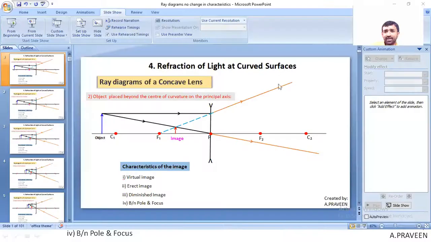No, sir, no change in the characteristics of the image. So for any position, the characteristics of the image obtained by the concave lens are fixed. Irrespective of the position of the object, a concave lens always forms a virtual, diminished, erect image, and the position is between pole and the focus. Do you agree or not?